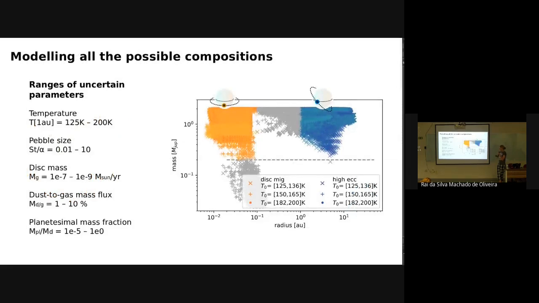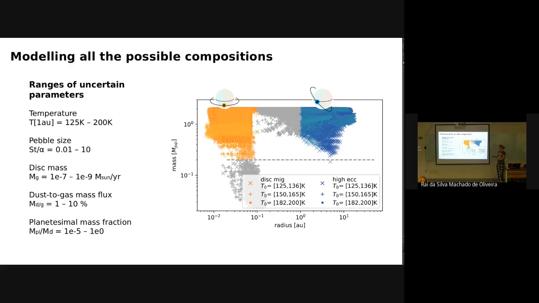So I told you that in the fiducial model, we've fixed a whole list of parameters, but there's no good reason to, unfortunately. So in reality, we don't know a whole lot about many different parameters. We have ranges of the temperature that would be realistic, even if we know the stellar temperature, there's still a range of temperatures within the disk that could be realistic. There's a range of pebble sizes that have a different drift velocity that could be realistic.